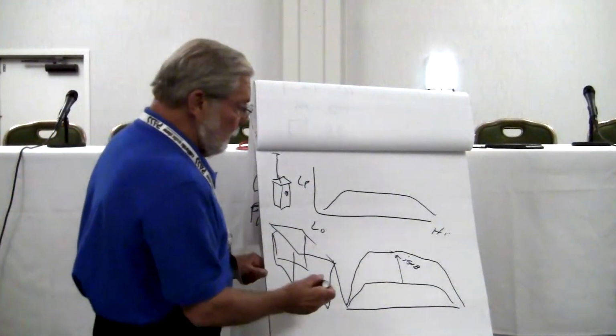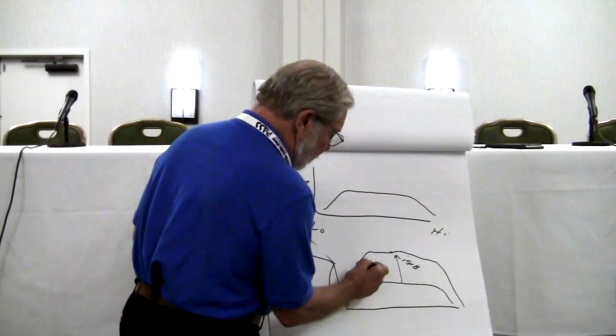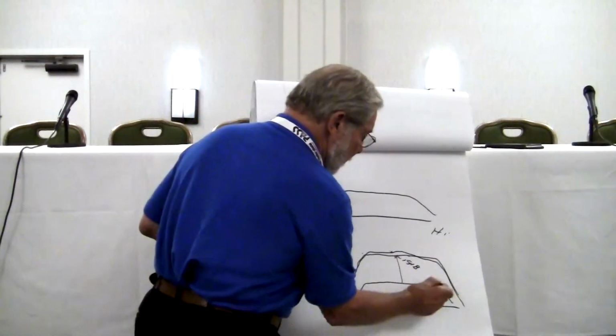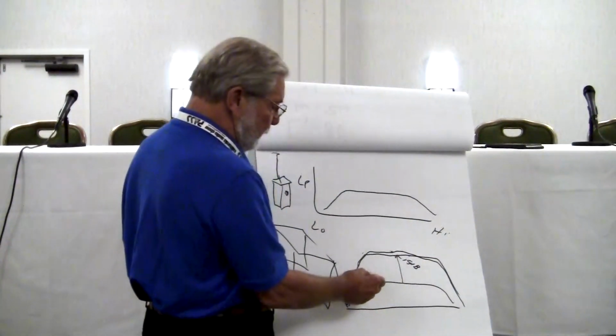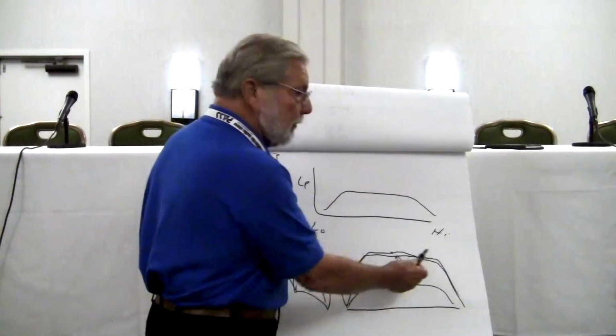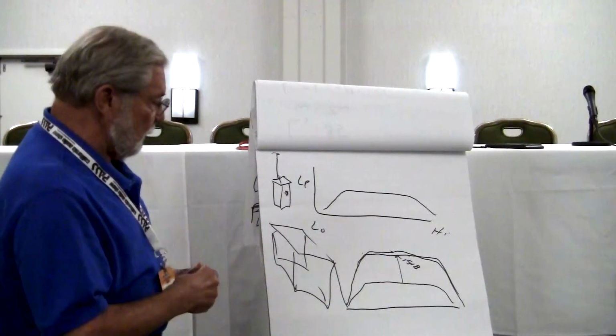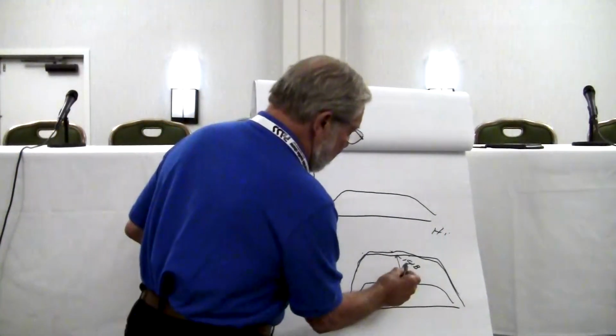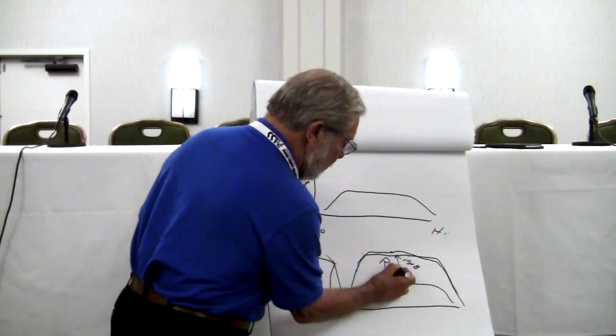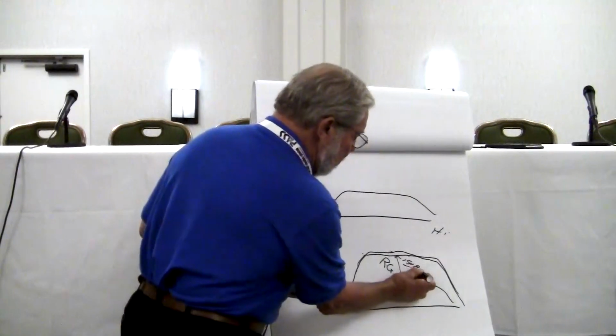But the frequency response is exactly the same as what it was down here because the reverb chamber stores all frequencies equally. So the room gain here is 15 dB.